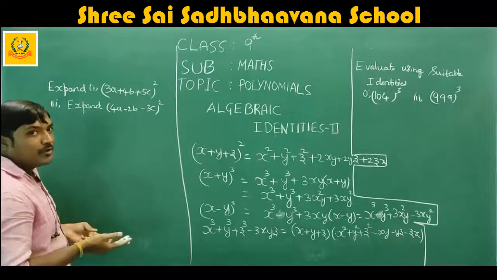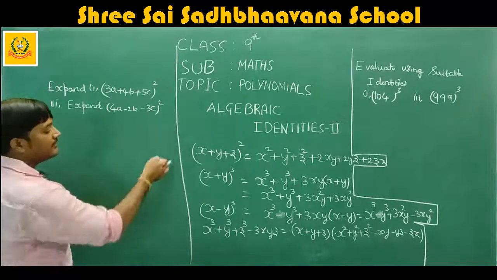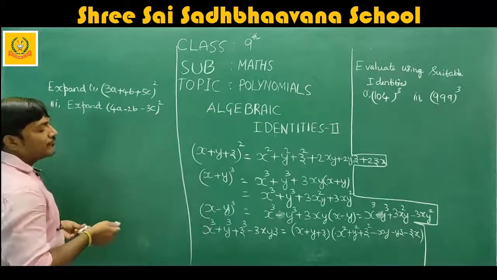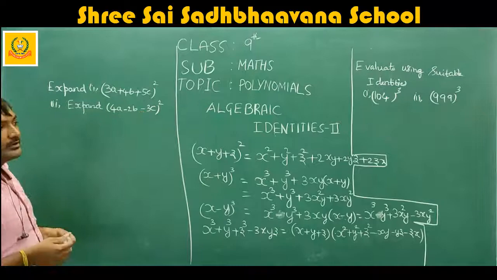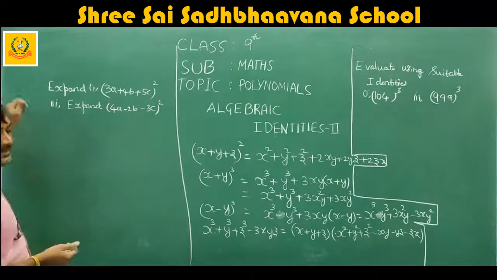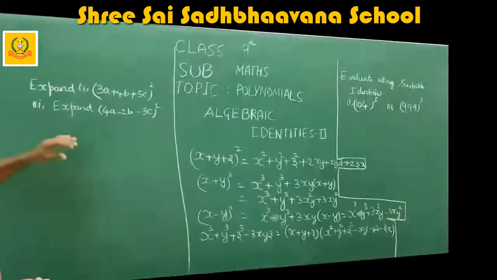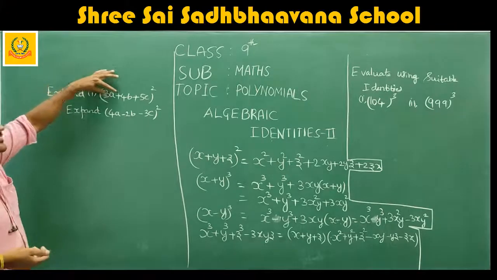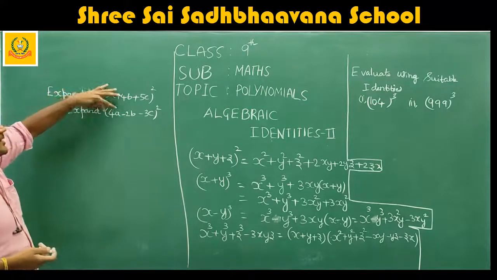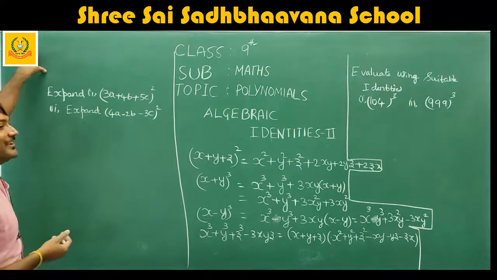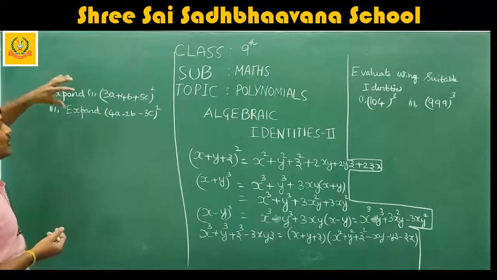Among these three or four identities, which can be suitable? Next, the sum is (4a minus 2b minus 3c) whole square.